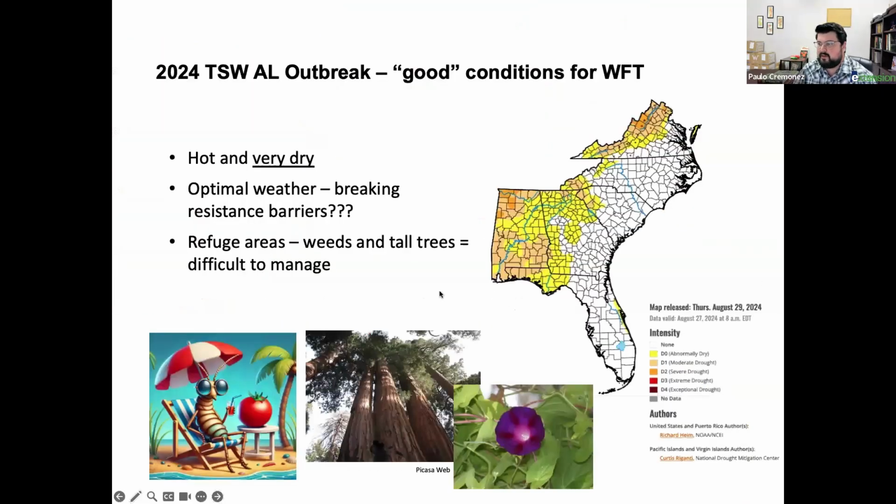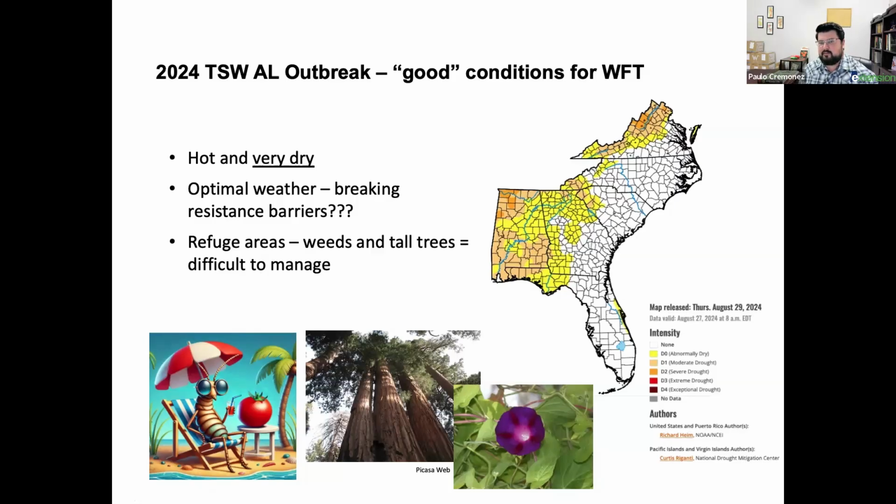So what happened then? Why did that happen? Well, 2024 was a really good condition for Western flower thrips. They were really lucky to find Alabama in the drought situation that we have, and it was very hot.